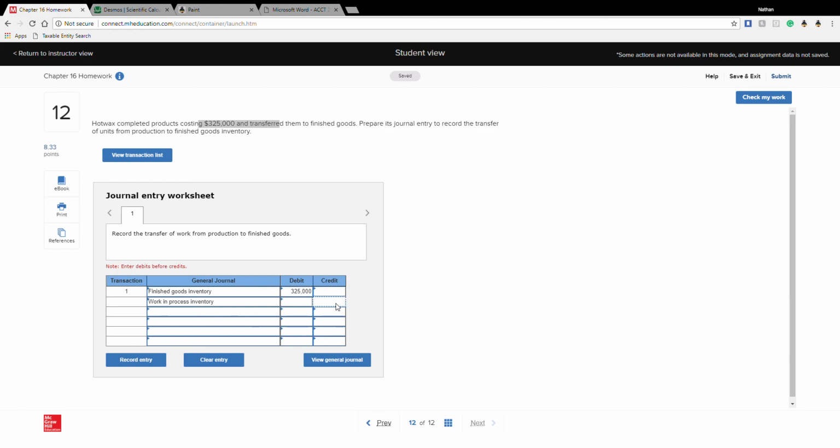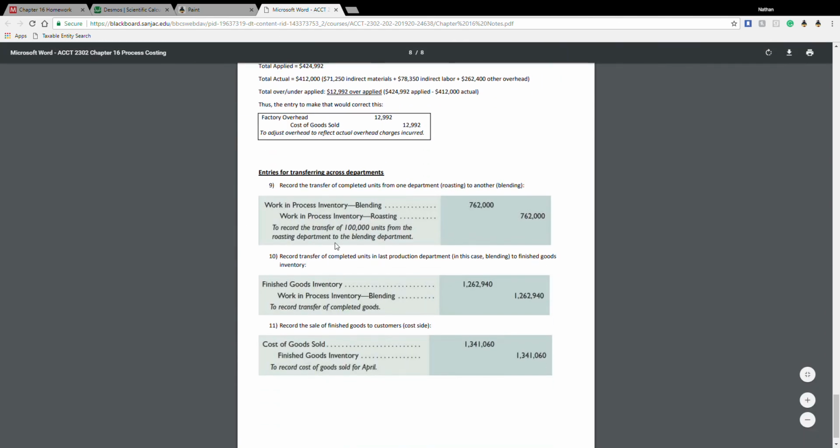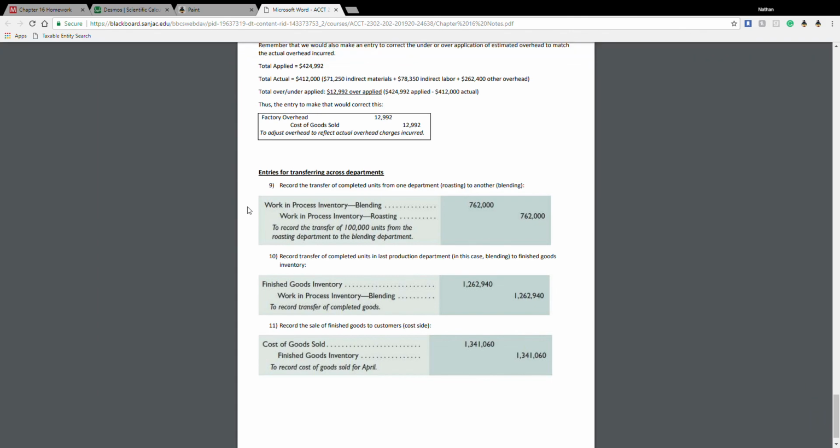Okay, remember, with this, it's once it's completed all departments. Now, if I still had multiple departments, you need to watch out for this journal entry also. Okay, that journal entry may pop up if we have more than one department that we're working with.